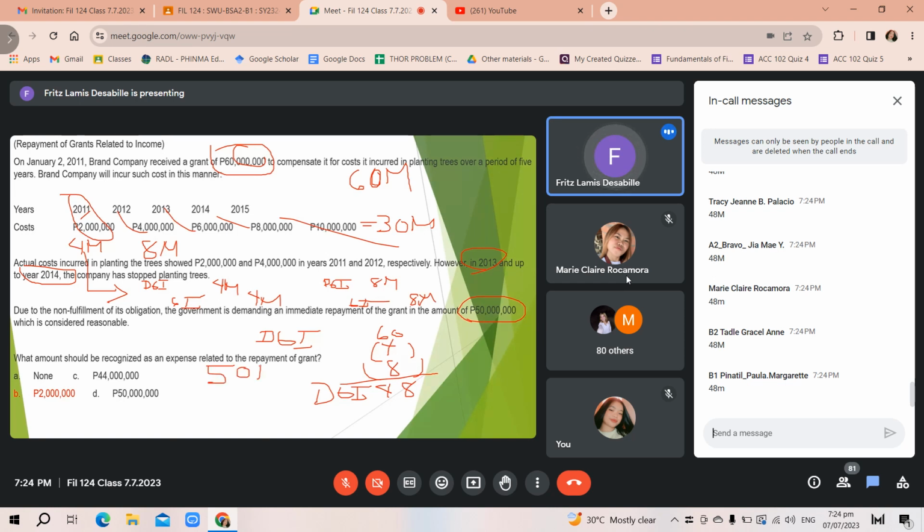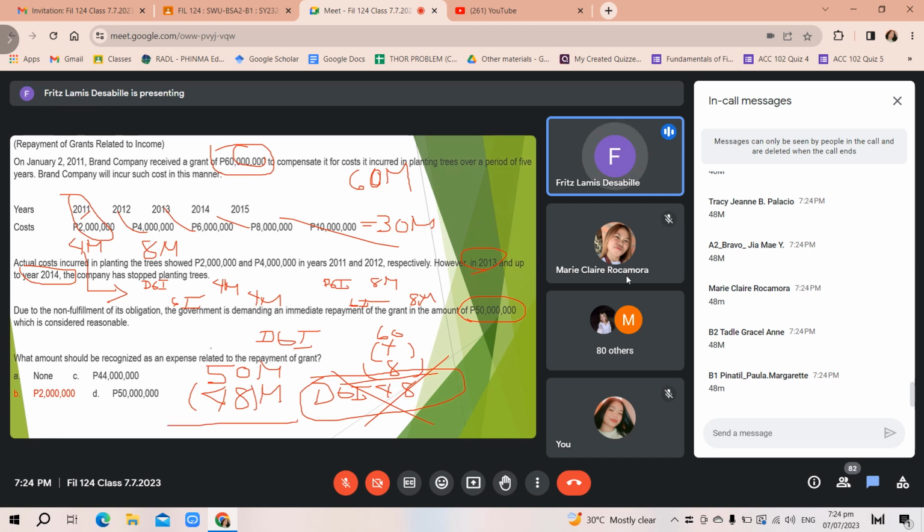So since gibalik nato kay government, there is a corresponding credit to cash and a debit to a loss and to de-recognize or to erase this deferred grant income of 48. But before ta mag-record og loss sa kaning 50 million, i-apply siya sa balance sa atong deferred grant income.